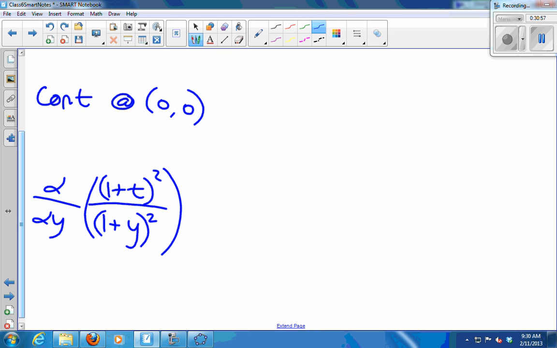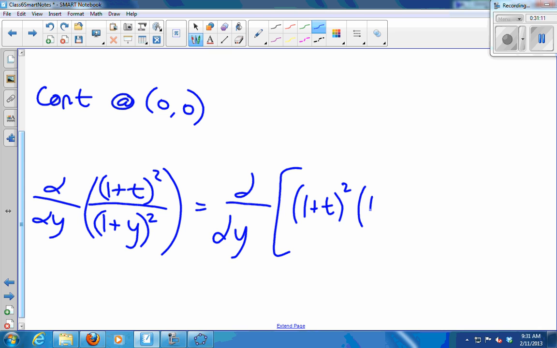looks kind of ugly, but it's not, because you treat 1 plus t as a constant. So it's not even really a quotient rule, right? I could just do dy of 1 plus t squared times 1 plus y to the negative 2. And this just is a constant. So I bring the negative 2 down.